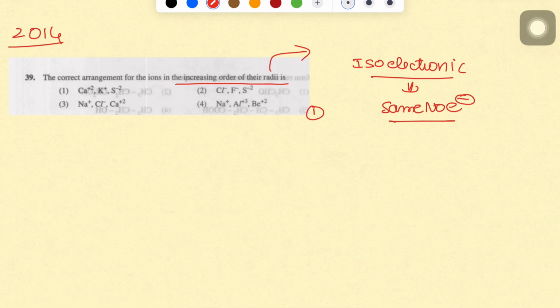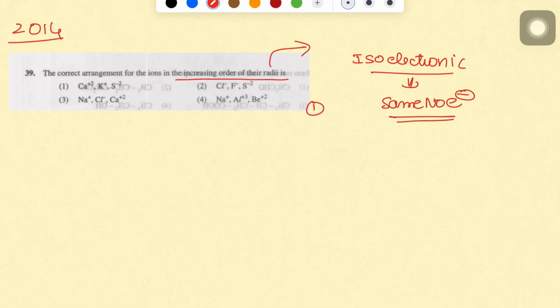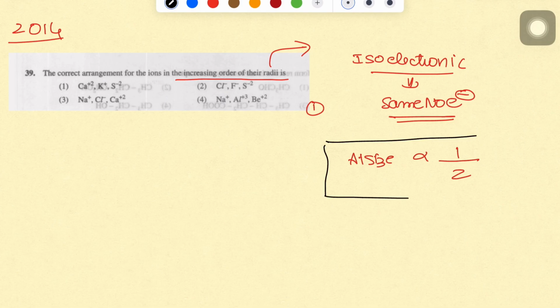And there is a trick for isoelectronic species: atomic size is inversely proportional to Z. This is the trick for isoelectronic species only. Z is nothing but the atomic number or number of protons.